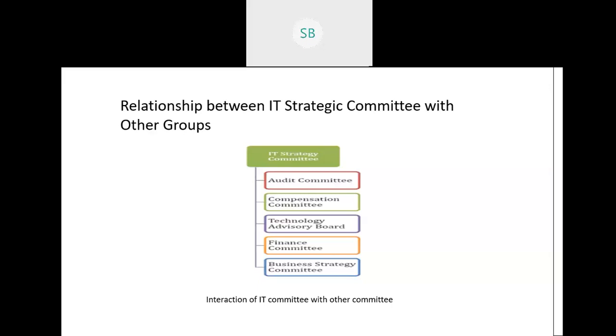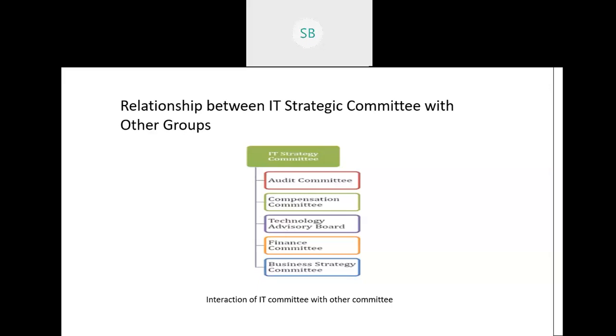Next is the technology advisory board. As you know, last day we discussed the CTOs, chief technology officers. These people strategize how the IT team should move in its direction. All the IT and technology related decisions are made by this committee, the technology advisory board.